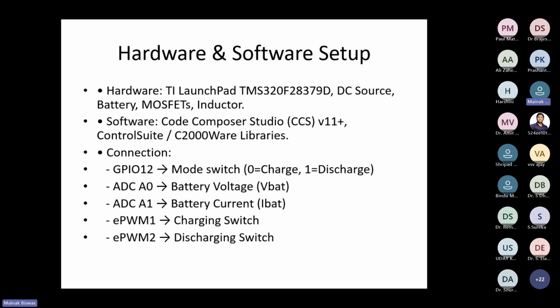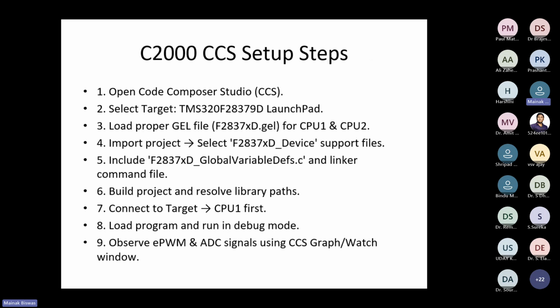ADC A0 is for the battery voltage, VBAT, and ADC A1 for the battery current, IBAT. EPWM1 is for the charging switch, and EPWM2 for the discharging switch. That's it. I will show the setup part in the CCS software.